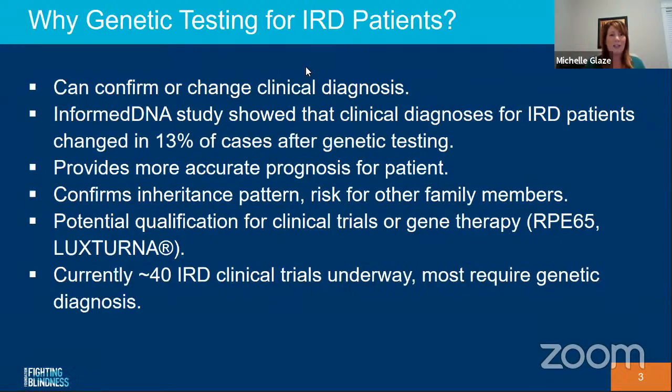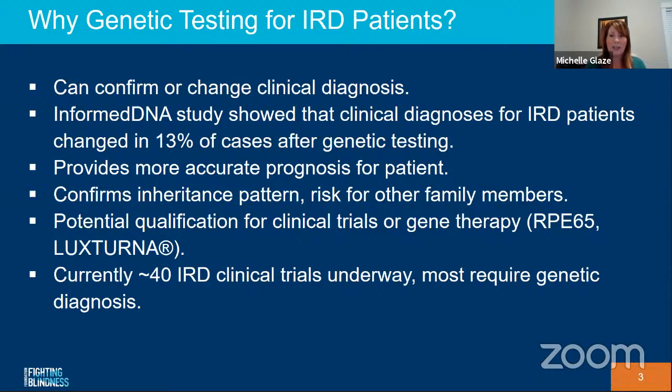So genetic testing, why is genetic testing important for individuals with an inherited retinal disease? There are several reasons. First, it can confirm or change a clinical diagnosis. With the inherited retinal diseases, many can look alike. I recently interfaced with a family who has a little boy who was diagnosed clinically with retinitis pigmentosa.